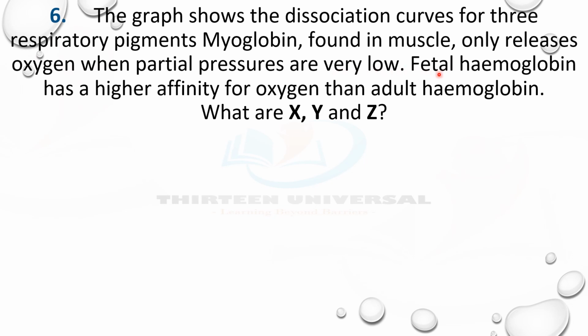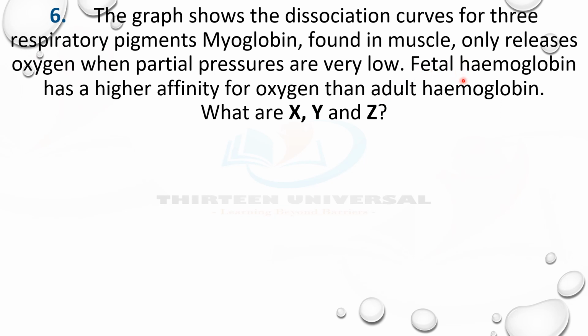The higher the affinity of hemoglobin or any pigment for oxygen, the less it releases it. They say fetal hemoglobin has a higher affinity for oxygen than adult hemoglobin.